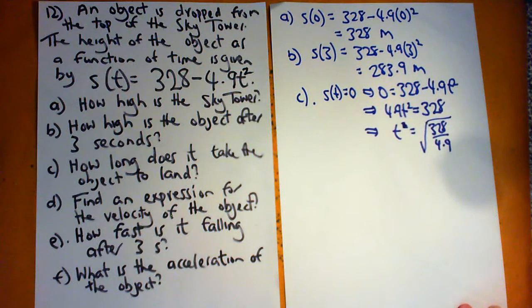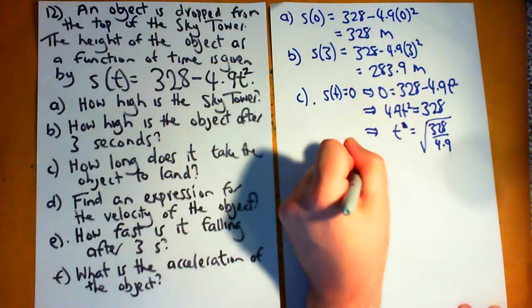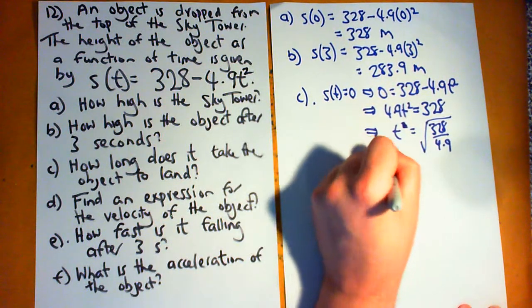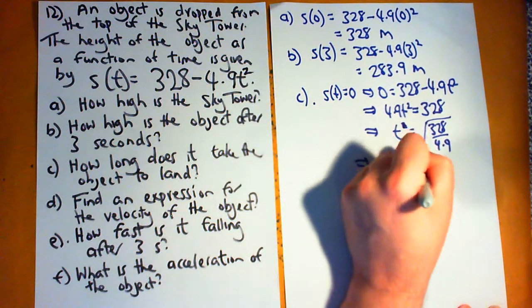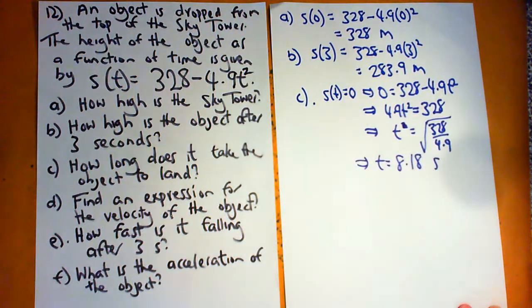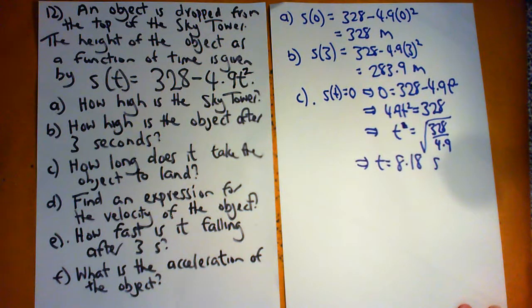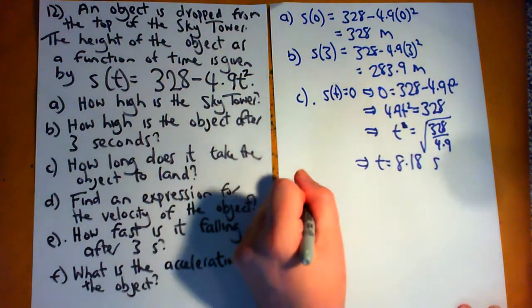It's going to land after it was released, not before, and therefore t must be positive here. So we don't need a plus or minus. So therefore t is, if we calculate that, we get 8.18 seconds. So it takes the object 8.1 seconds to hit the ground.